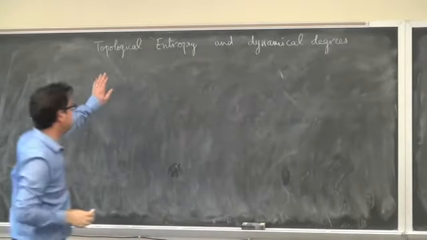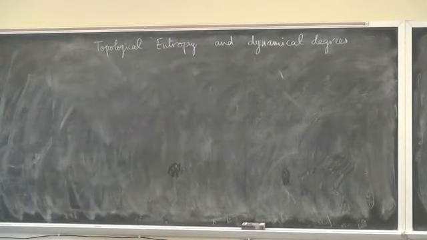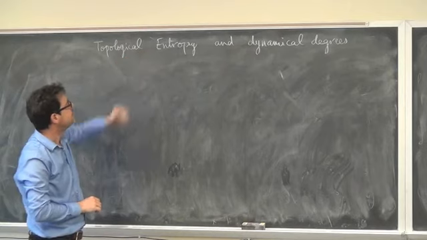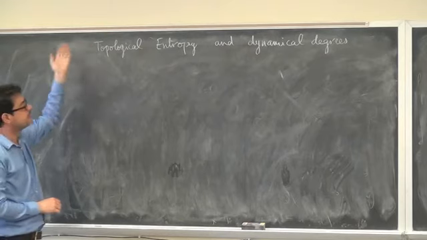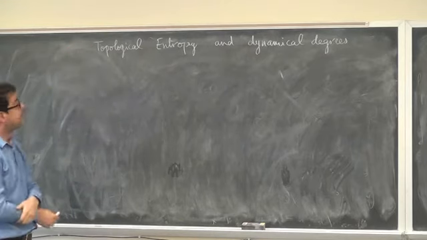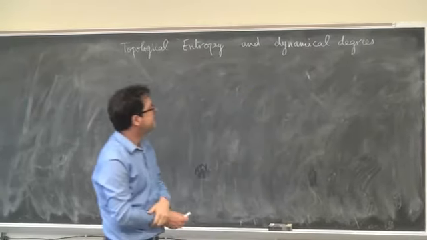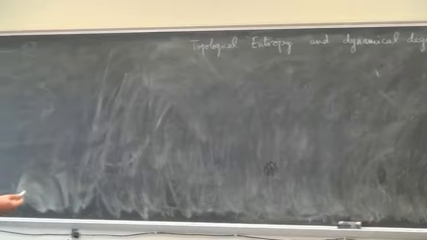Both are non-negative real numbers. Topological entropy is a number associated to a dynamical system, which is defined by the iteration of a continuous map of a compact metric space. And dynamical degrees are associated to algebraic transformations of algebraic varieties.